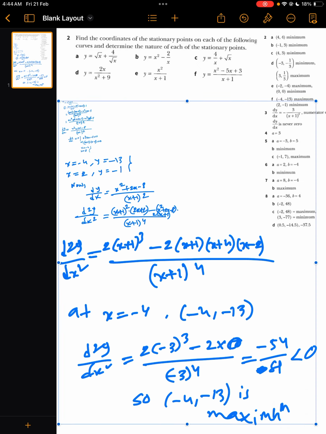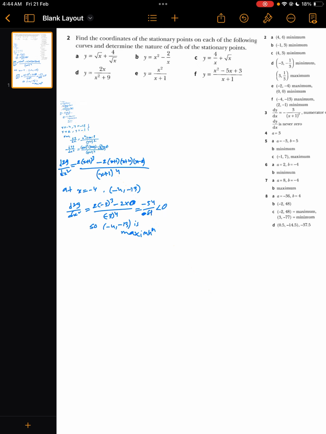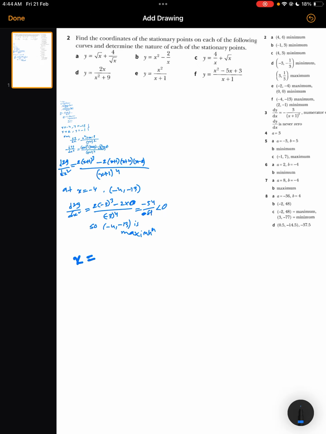And the next point is minimum. At x equal to 2, where y is equal to -1.